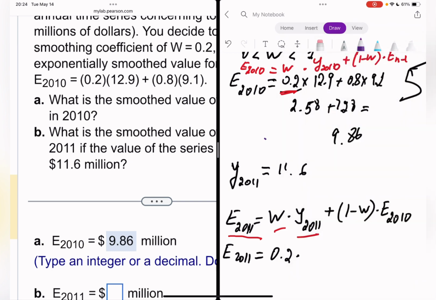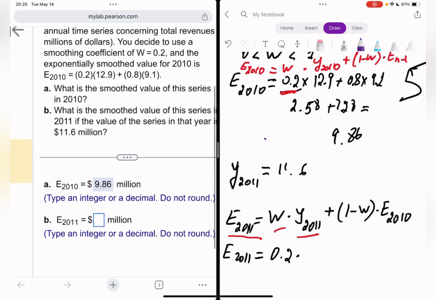W in this case times, for year 2011, we set 11.6. Let me put this multiplication so we won't confuse the decimal point. And then plus 0.8, obviously 1 minus W, times, for 2010, we got 9.86.